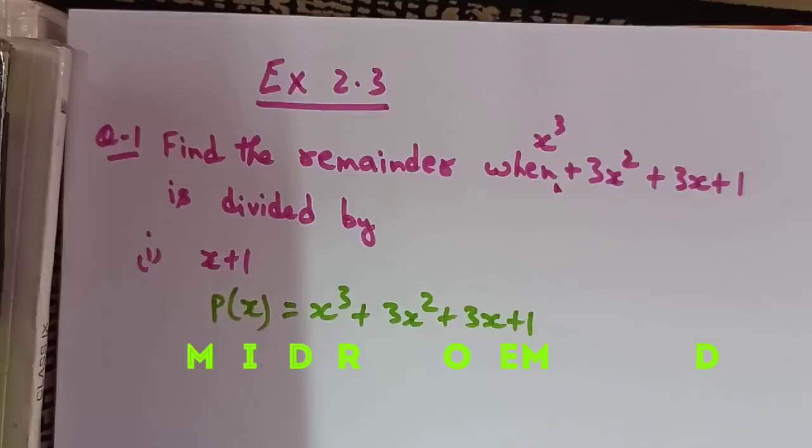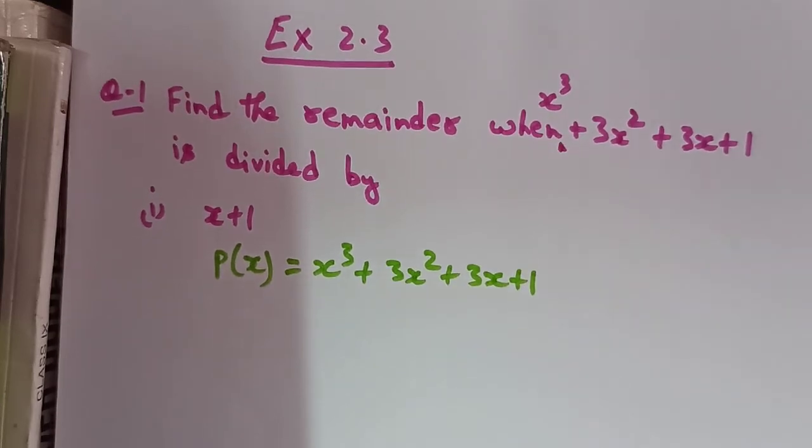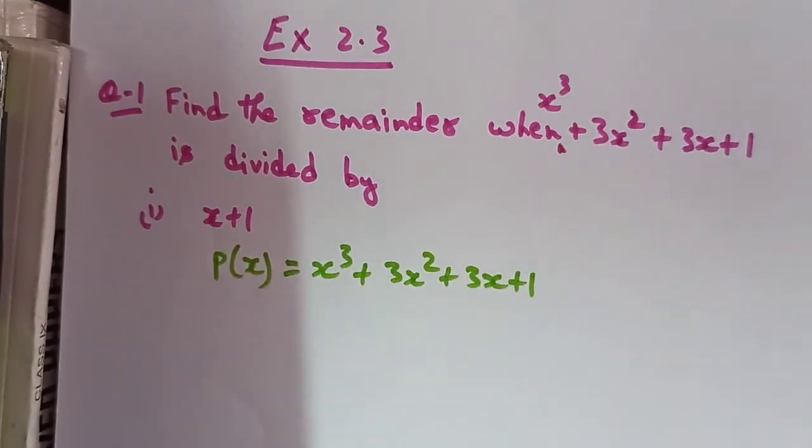Okay, we will first of all find the zero of the polynomial. As we know by the remainder theorem, when we take the zero of the divisor polynomial and substitute it in the polynomial p(x), then if that comes equal to 0... For example, the divisor polynomial given is x plus 1.